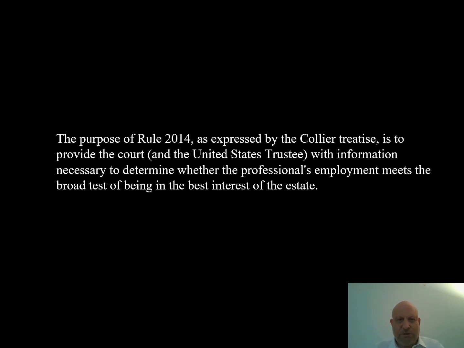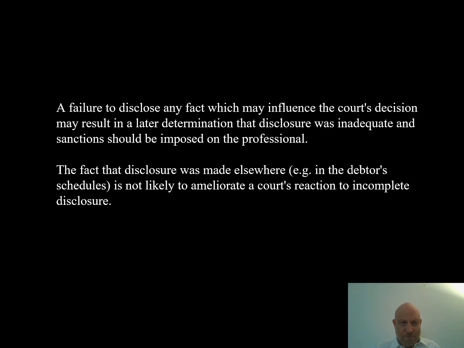There you go. So the U.S. trustee and the court have an opportunity to decide. It's their decision. If you don't disclose it, that's a problem when the court's deciding whether to sanction you or not.